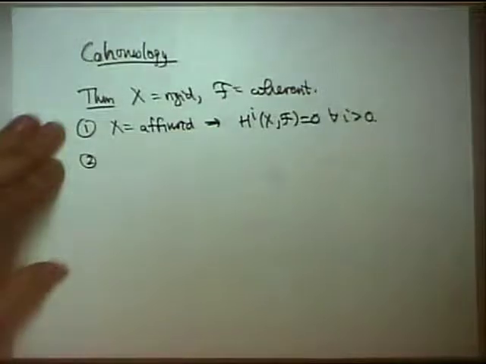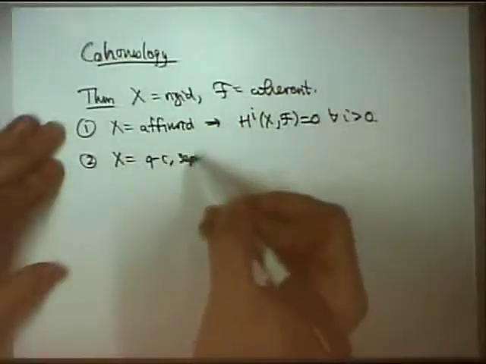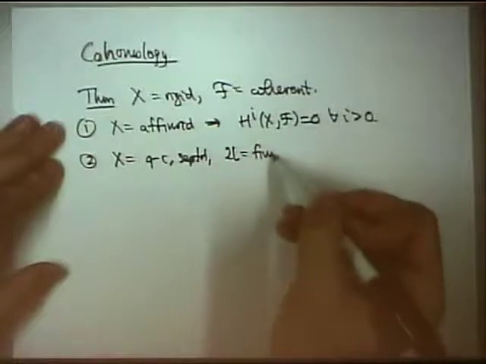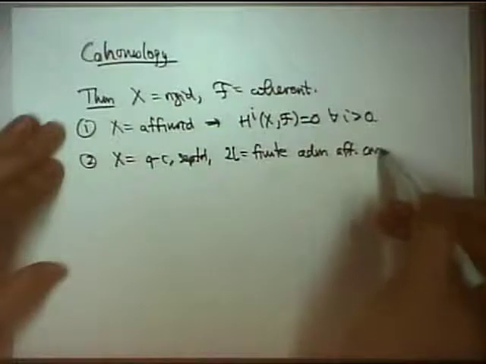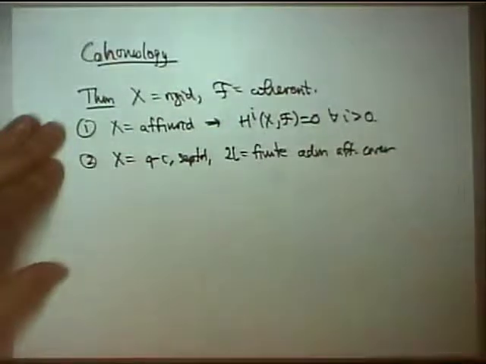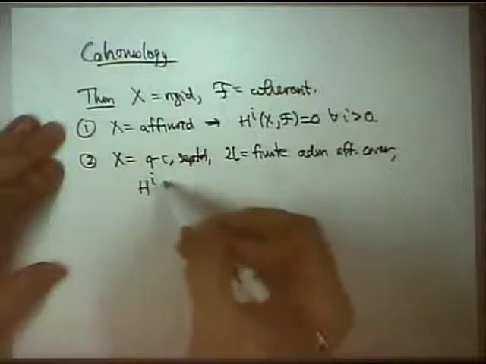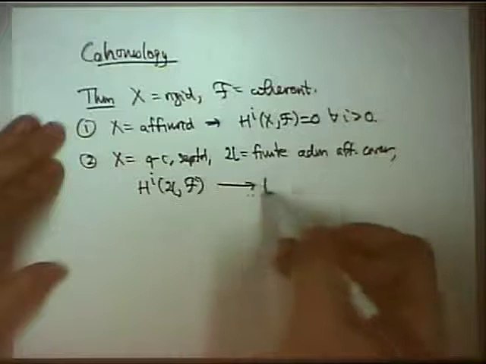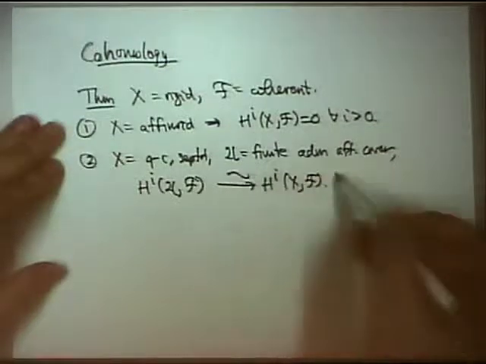And then we can copy the sort of arguments from ringed spaces: if X is quasi-compact and separated, and U is a finite admissible affinoid covering, so the overlaps are also affinoid, as we just discussed, then there's a natural map from the Čech cohomology of F with respect to U to the derived functor cohomology of F on X, and this is actually an isomorphism for all i.